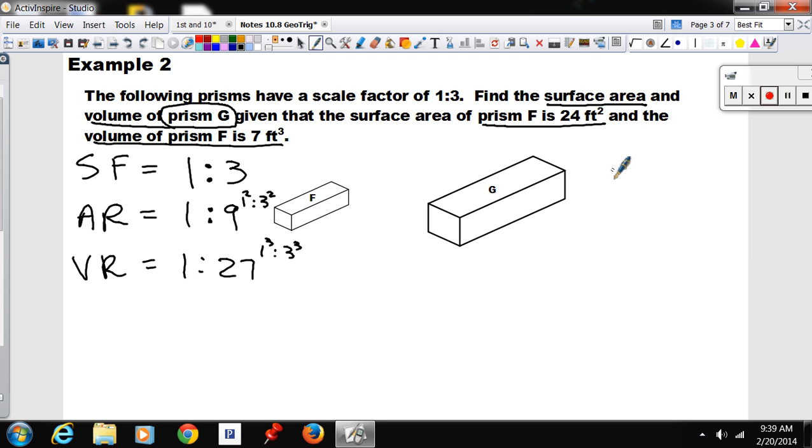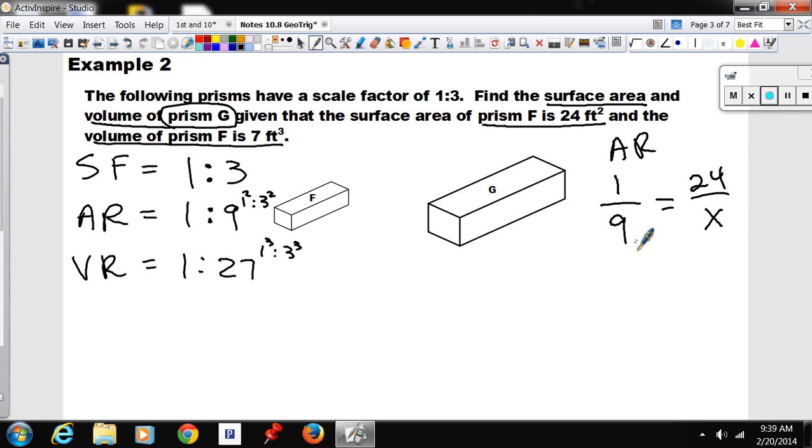So what I've got right now is I know that the area ratio is a 1 to 9 ratio. And my two solids have to be a 1 to 9 ratio. And I know that the little one's 24. So I need to know what could I put in here for x that would reduce to a 1 over 9 ratio, because it has to reduce to that much.